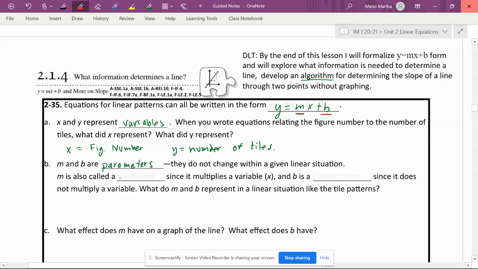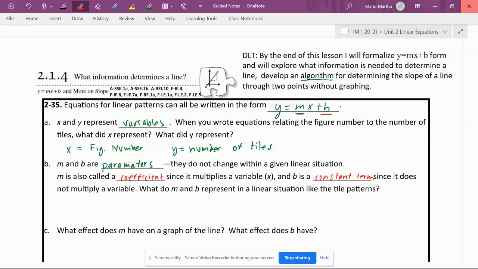M is also called a coefficient, since it multiplies a variable x. So anything that's multiplying a variable, we call it a coefficient. And b is a constant term, since it does not multiply a variable, right? So if it doesn't have an x attached to it, it's what we call a constant term. Again, if it has an x attached to it or any other variable, it's what we call the coefficient.